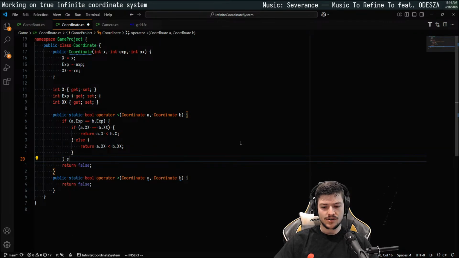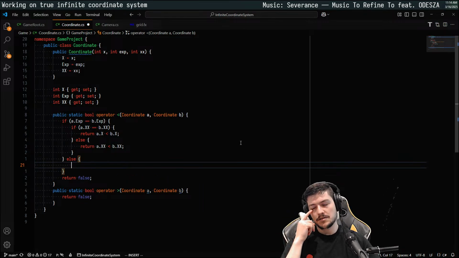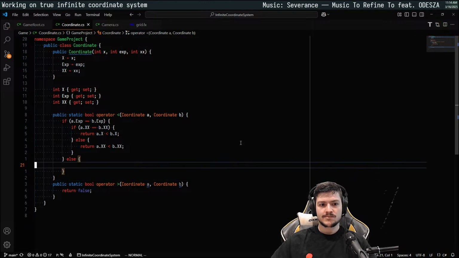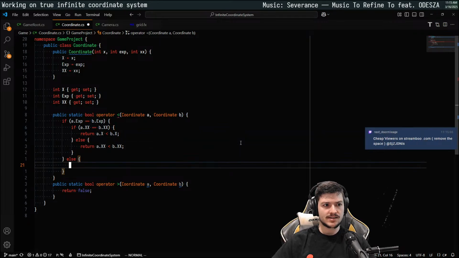This is hard though. How do you handle an exponent that is different, without having to do a conversion? I'll keep it written like this.